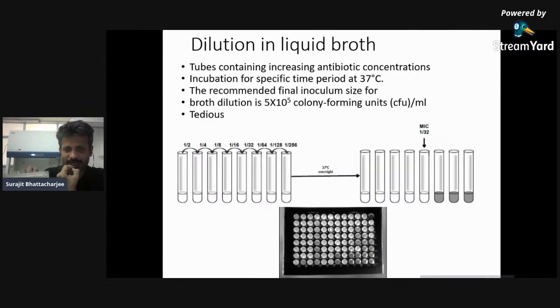First we added the medium, and then we added the drug or the compound at different concentrations by using the twofold serial dilution method. Then we inoculated the bacteria at a concentration of 5 into 10 to the power 5 colony forming units, and after 48 hours we took the OD by using the microplate reader. Then we collected the data, and based on the data we can determine the MIC value, which we have already discussed, that is the minimum concentration at which the growth of the bacteria was completely nil.